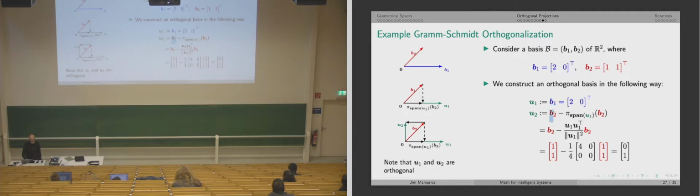If we remove the orthogonal projection of B2 from B2, what we get is U2, which is this vector that is orthogonal to B1. Confusing with all these indices. Well, that's not so important. It's just to show you an application of using orthogonal projections in the context of coming up with an orthogonal basis for a vector space.